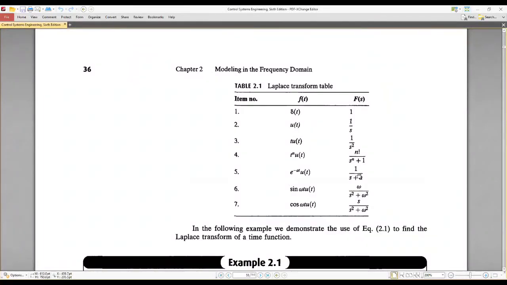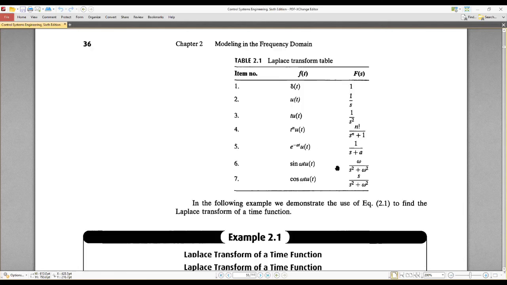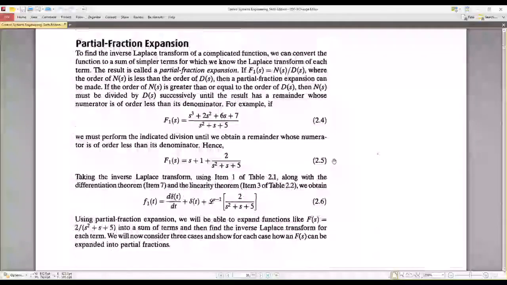See, 1 by s plus a is equal to e to the minus at u(t). That is f(t), the time domain. That is the frequency domain, that is the time domain. t u(t) means 1 by s square, u(t) means 1 by s, delta t means 1. Remember these things.